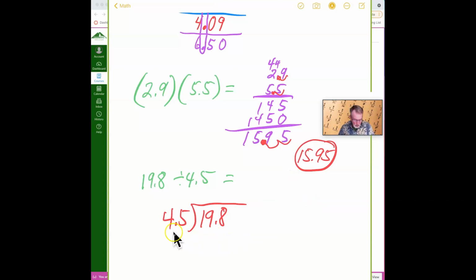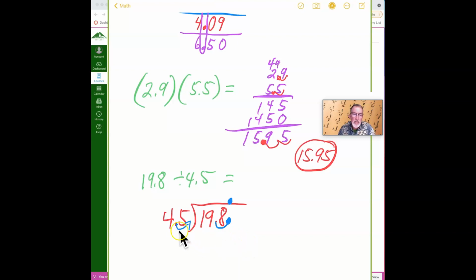So what we have to do with dividing is move this decimal point until it's gone, right? We have to move it all the way to the right. And then we have to do the same thing to our dividend. We're going to put a new decimal point here and then put one on the line right above it.